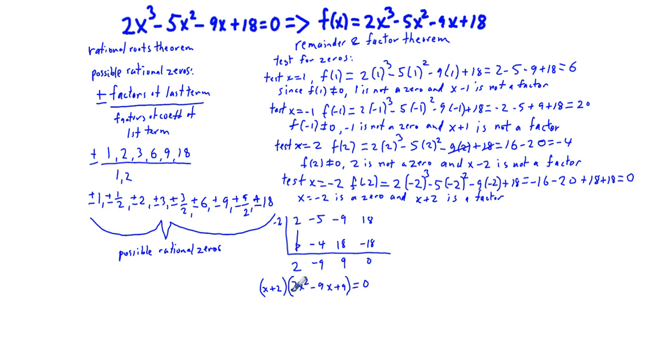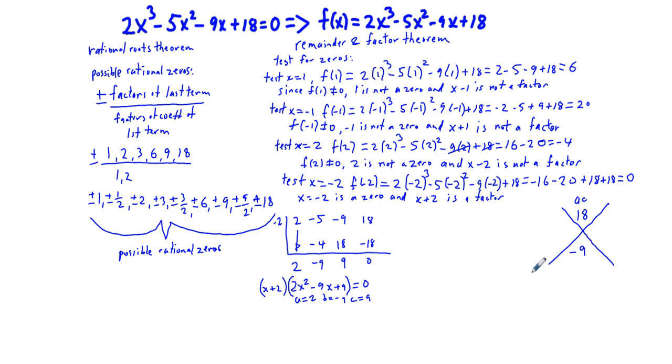I mean, we don't have 1x squared. But I use what I call an X method or bottoms-up method for slightly more complicated things. So we have A equal to 2, B equal to negative 9, C equal to 9. So up here on top of the X, we have AC, which is 2 times 9, or 18, and then we put B down here at the bottom, or negative 9.